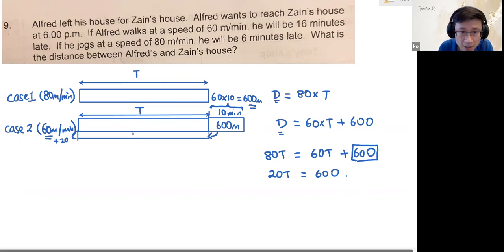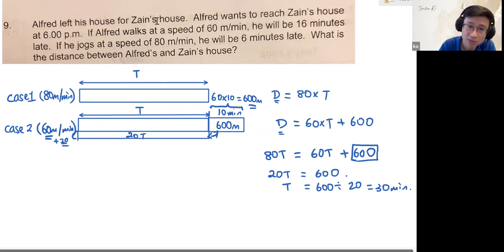So this part here is 20t if you travel an additional 20 meters in 1 minute, and you have covered this distance of 600 meters. So this 20t must be equal to 600, which means that the time taken t is 600 divided by 20, which equals 30 minutes. There you go.